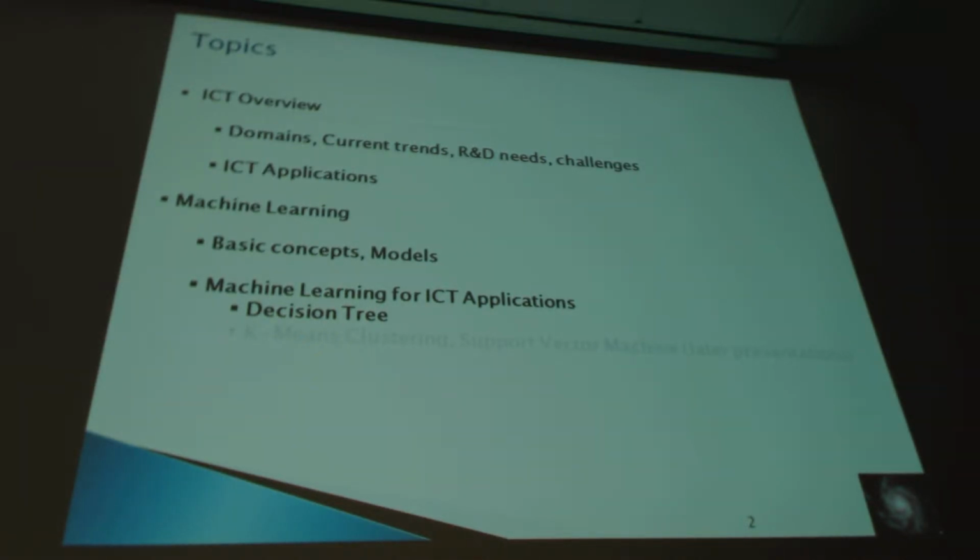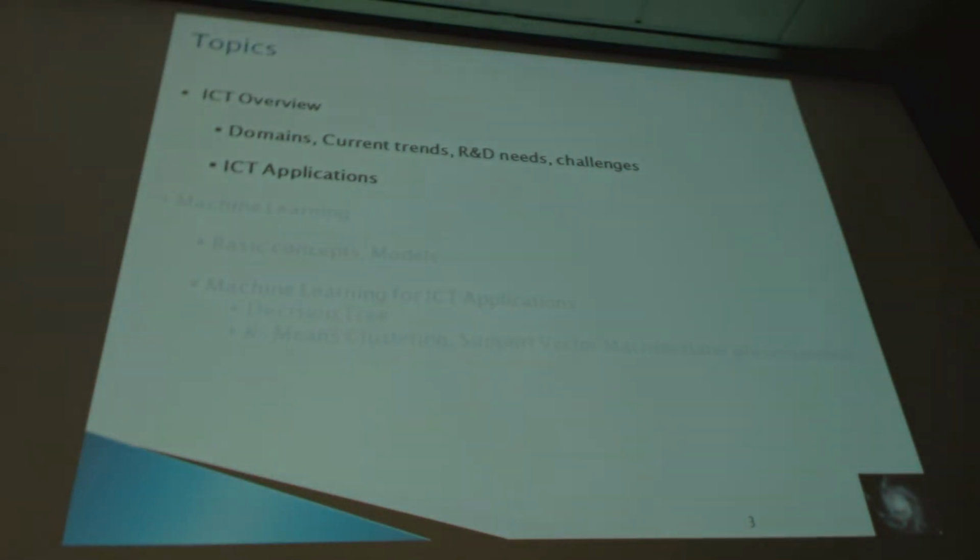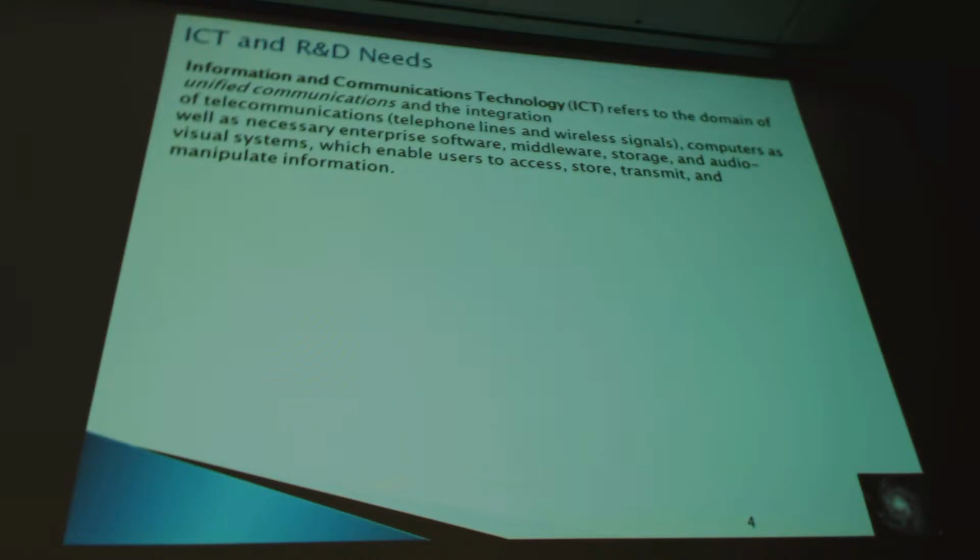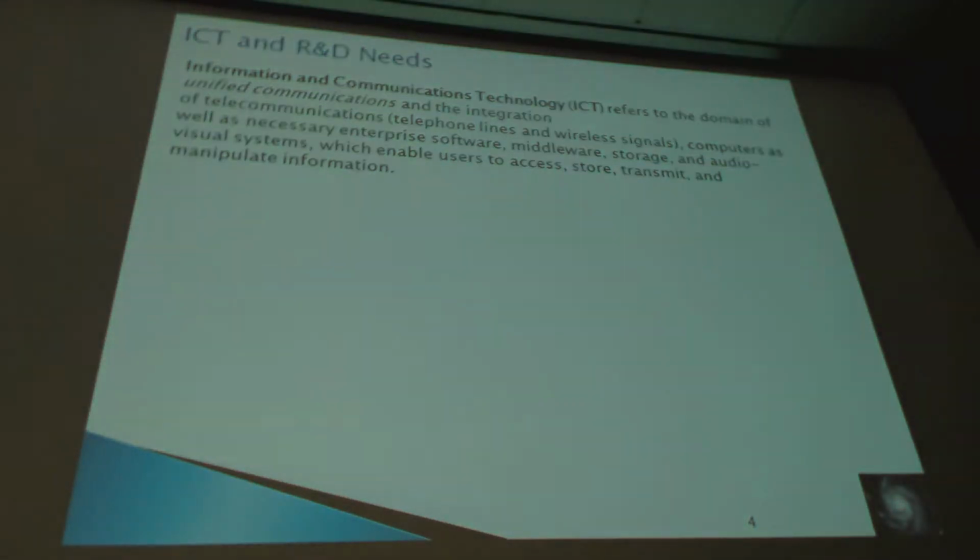There are other models that the other organizer talked about, like k-means clustering and support vector machine. In future presentations, I will detail more on those for ICT. Today's presentation again will be focused on decision tree learning for ICT. So I'll start with the ICT overview. What is ICT? ICT stands for Information and Communications Technology.